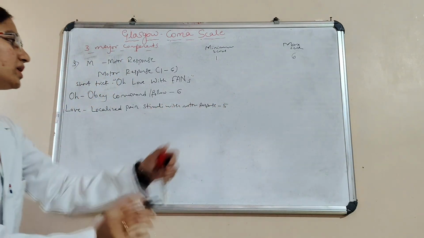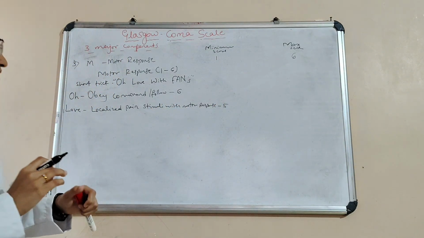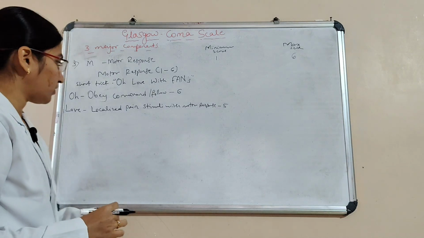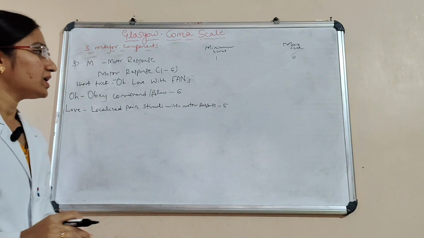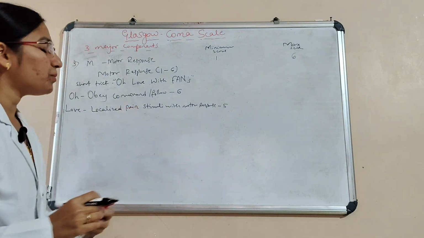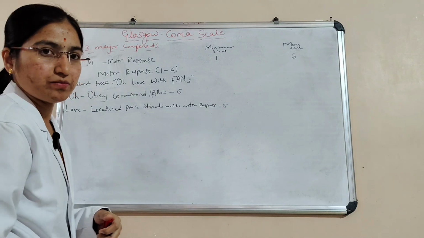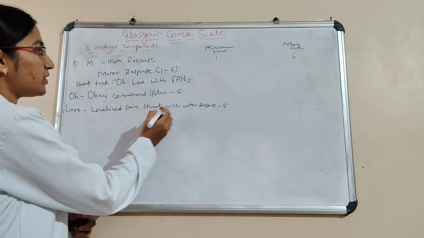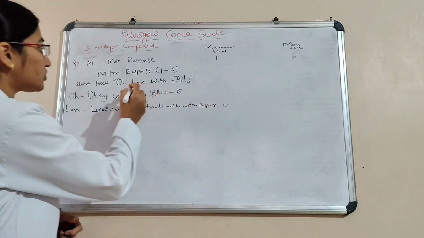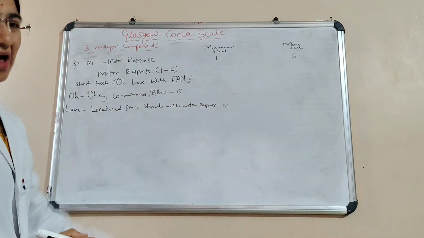When the examiner comes, he is going to pinch that client's hand, and then with the pain that client is going to remove the examiner's hand from there. That is localized pain stimuli with motor response. That we can give 5.